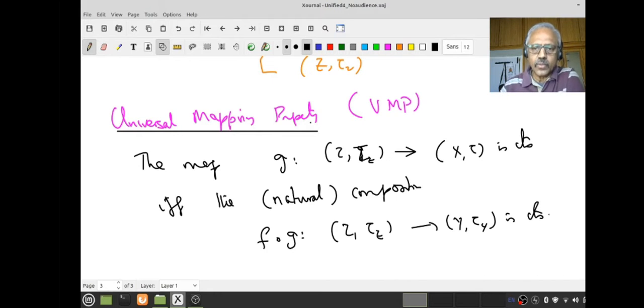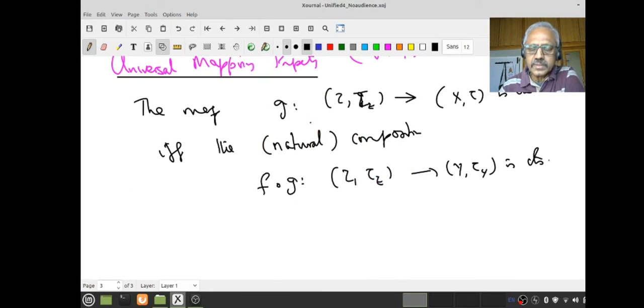What is the advantage of this? See, I want to look at continuity of a function G from a space Z to the newly constructed space X tau X. Now to prove its continuity, I only have to look at the continuity of a map between two existing topological spaces. They are not new. Z tau Z to Y tau Y. What is the map?